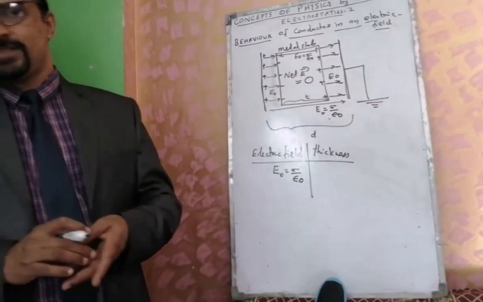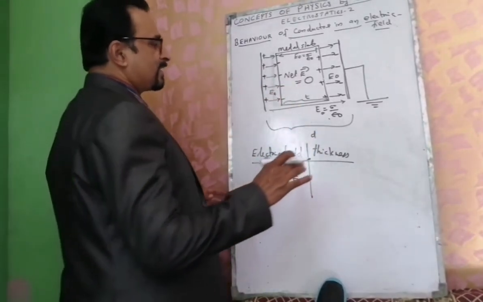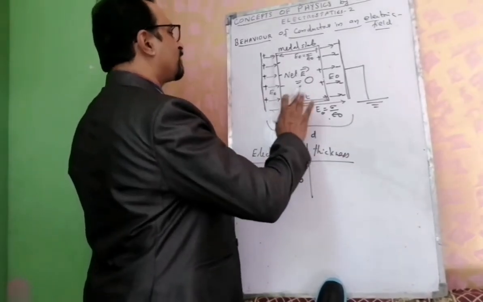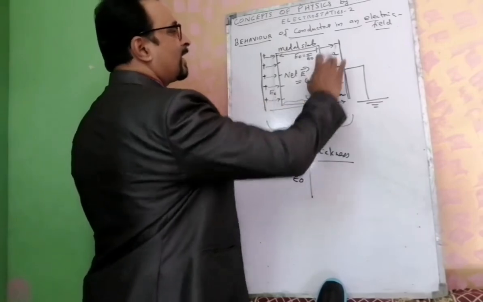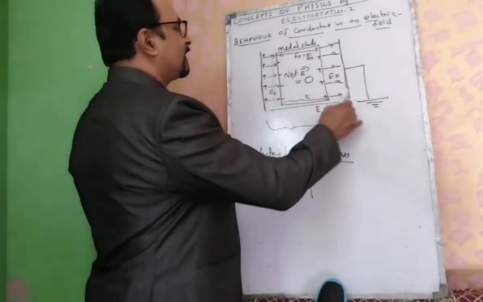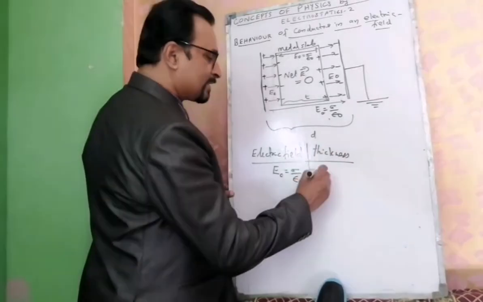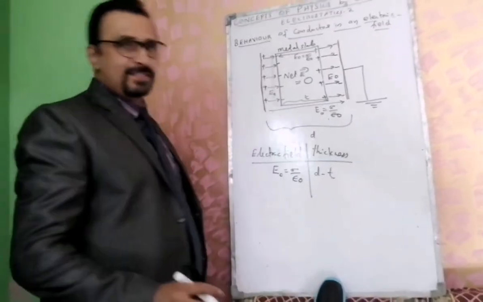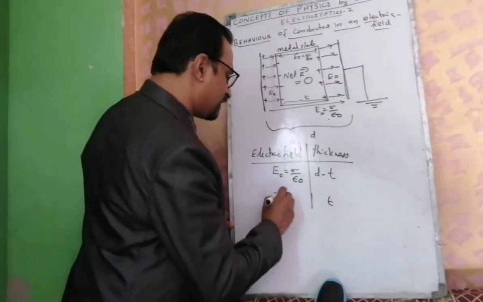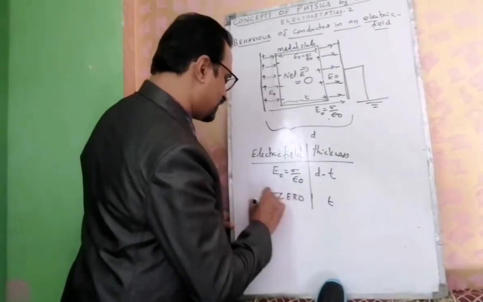Can you tell the answer? Over how much region is E naught equal to sigma by epsilon naught acting? It is very clear from the diagram. It is the left side gap and right side gap together, so the thickness is D minus T. And for the thickness of the slab T, how much electric field is there? Your electric field is 0.